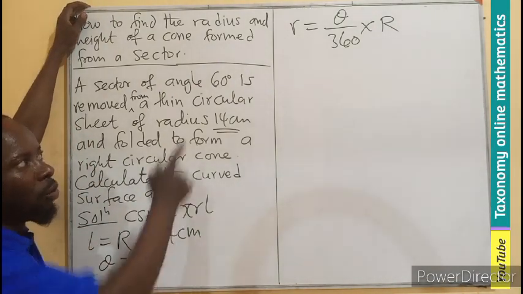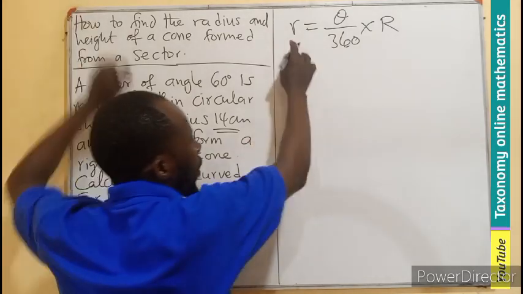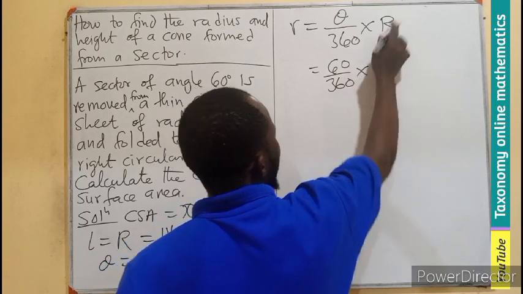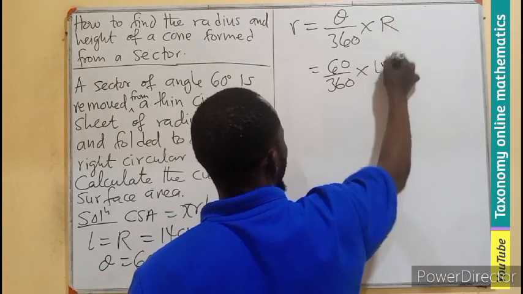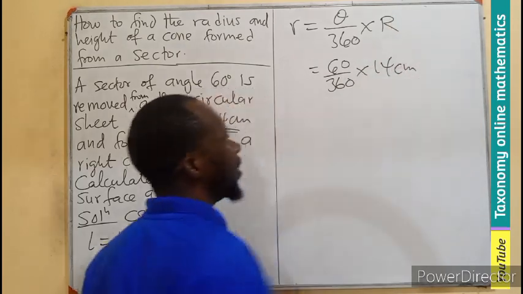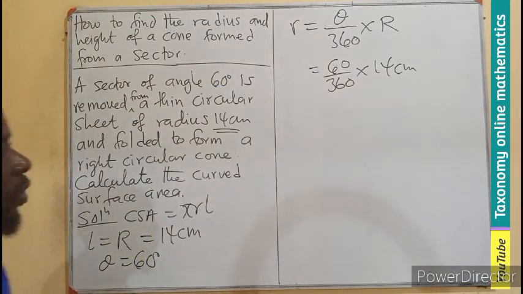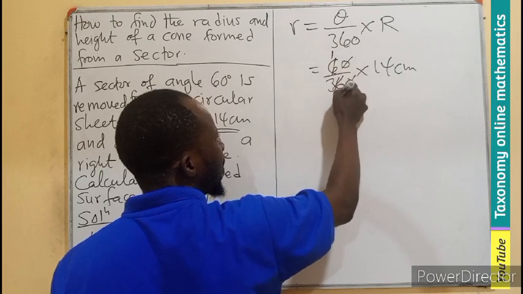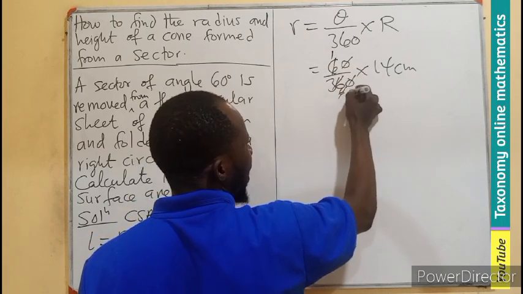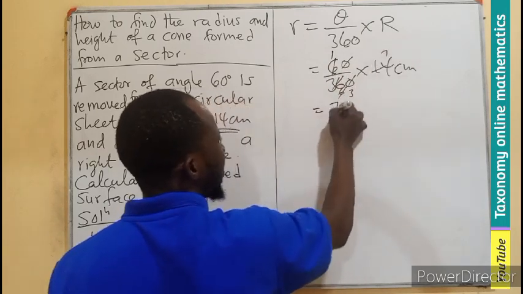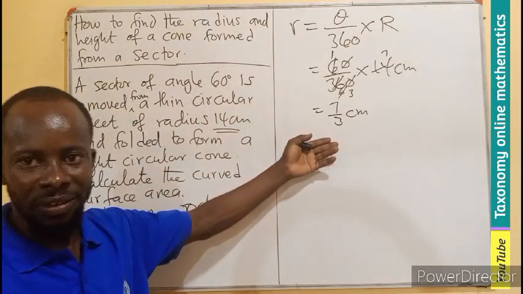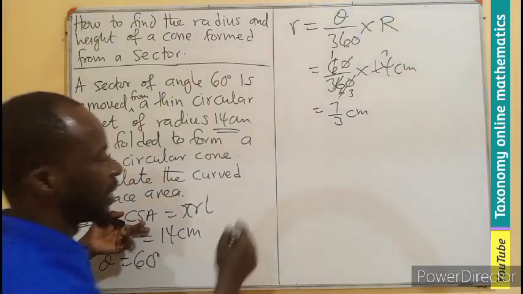Now we need to know what the radius r is, but we know the angle is 60 degrees. So we do substitution. Your radius r will be 60 out of 360 times the radius, which is 14 centimeters. So what do we do? This goes 1, 6. 2 here, 3. 2 here, 7. So r is 7 out of 3 centimeters. The moment we know this, we are only going to do substitution.